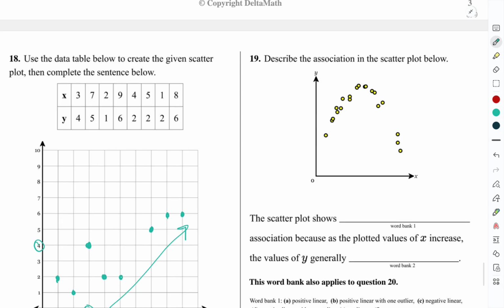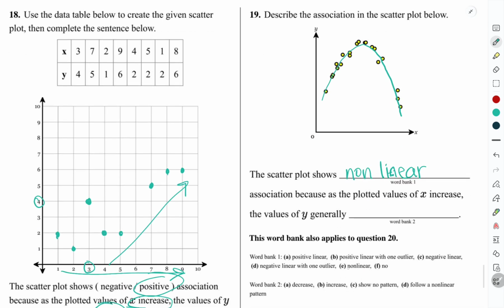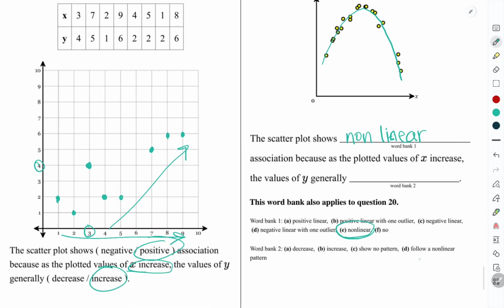Don't have to plot them this time. There's definitely a pattern here, right? I've definitely got a pattern, but it is not a linear one. I'm sure it says something prettier than this, but non-linear, because the values of y generally follow a non-linear pattern.